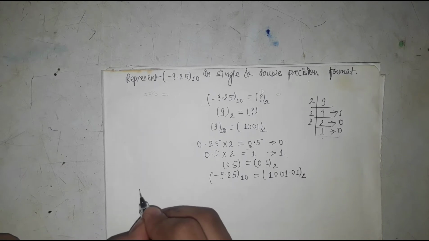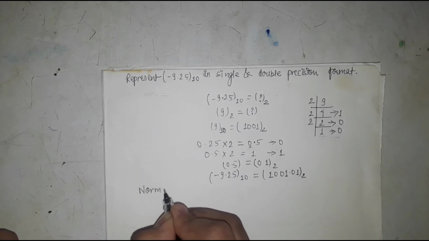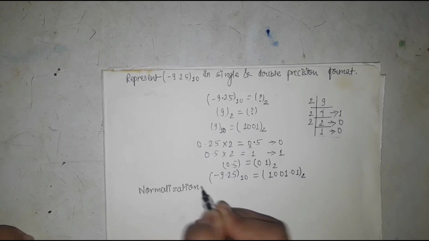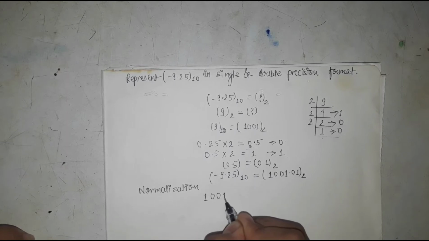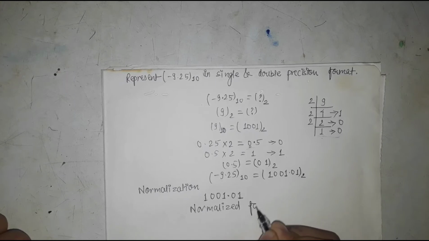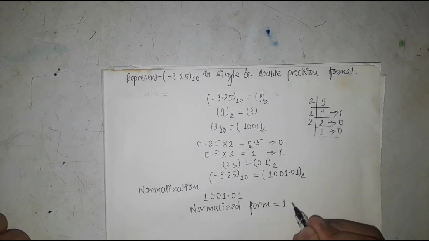The second step that we'll have to carry out is normalization. This is the number we got as a binary number. We'll have to write this number first, and then let's write the normalized form. Just copy this number, but avoid the point.